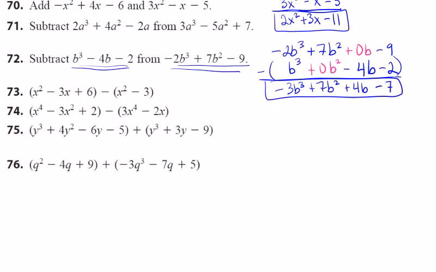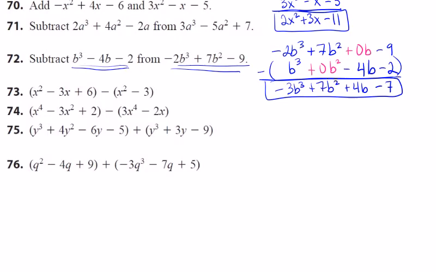All right, so 74, 76, this group, we're doing the same thing, except now they're not giving us the words, they're just giving us an expression, but we're still expected to align them vertically and then operate. So for 74, subtracting this polynomial, x to the fourth minus 3x squared plus 2 minus 3x to the fourth minus 2x.